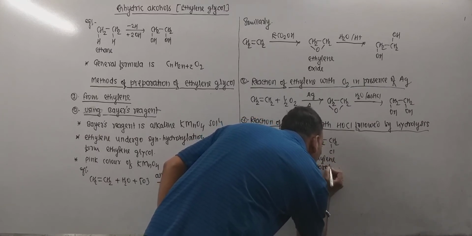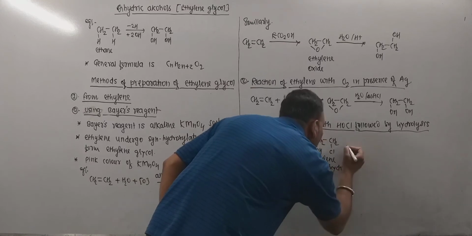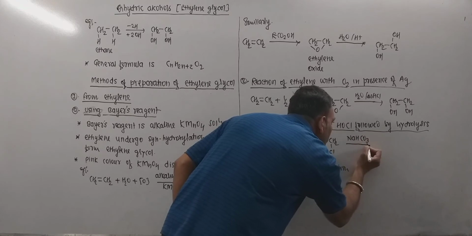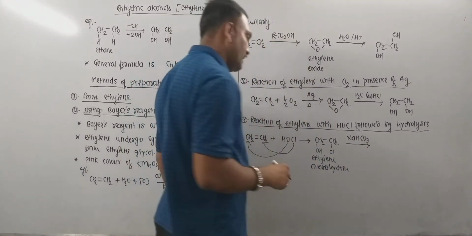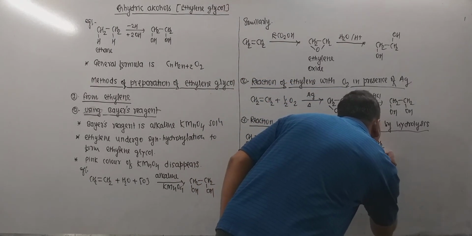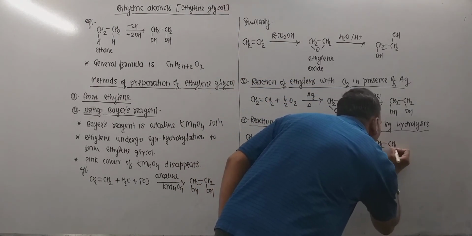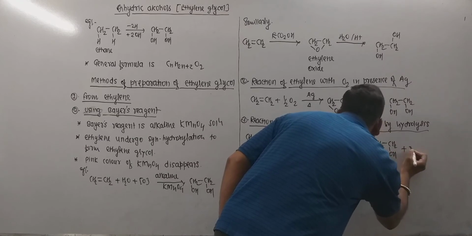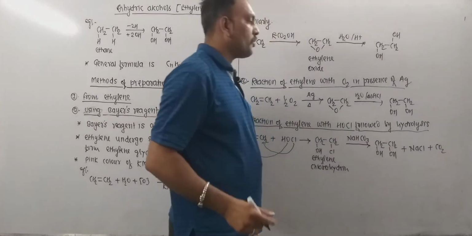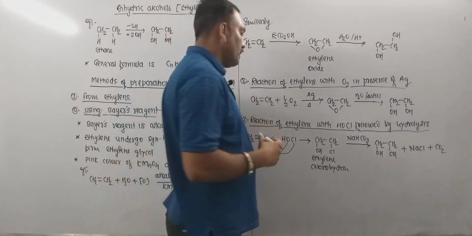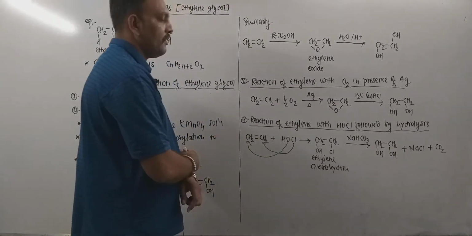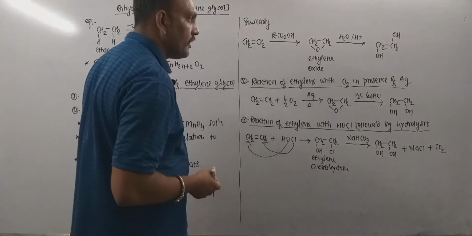Now ethylene chlorohydrin so obtained is to be hydrolyzed by using NaHCO3, that is sodium bicarbonate. So when we do this, that lead to the formation of our product, that is ethylene glycol, along with NaCl, and evolution of CO2 can also be seen. So in this way, ethylene glycol is prepared in large scale or in commercial manner.